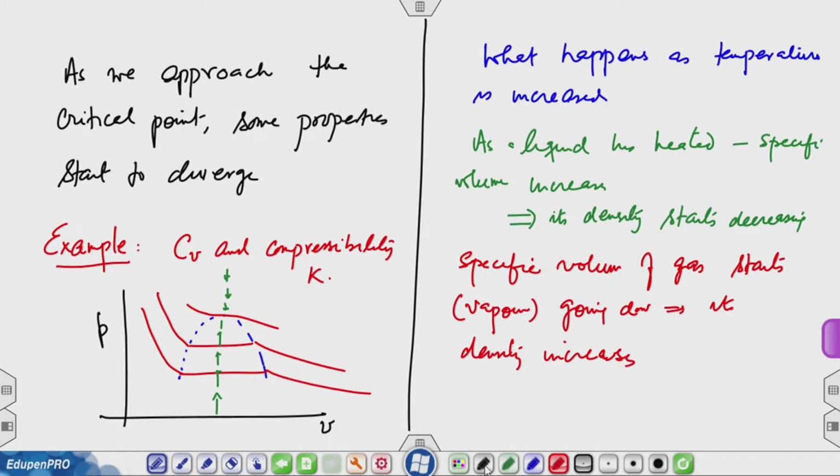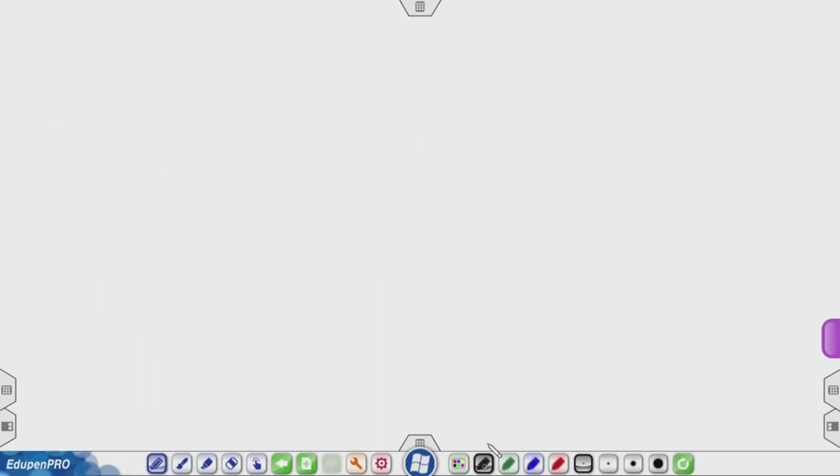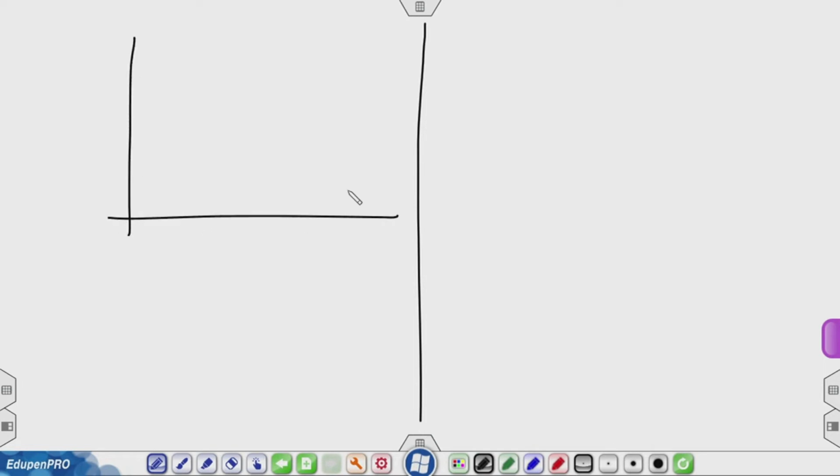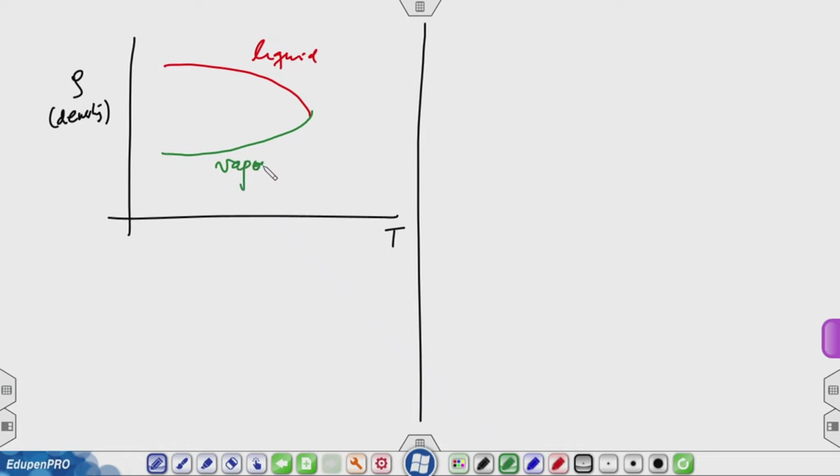So what you observe is that if I were to plot the density rho versus the temperature, you would have this curve for liquid and this curve for vapor, and the average density is kind of average of the two, and the density becomes the same at the critical point.